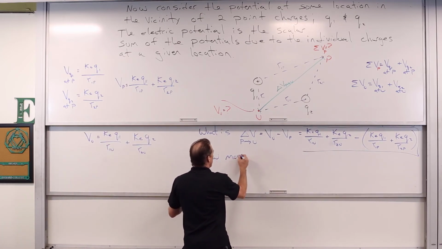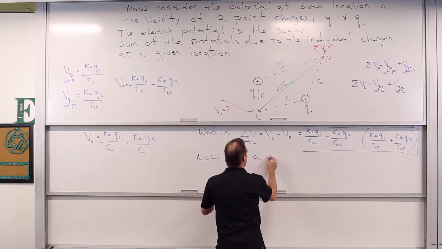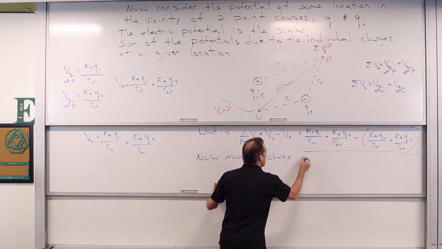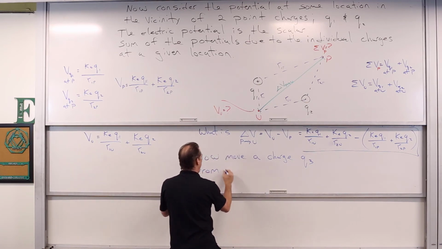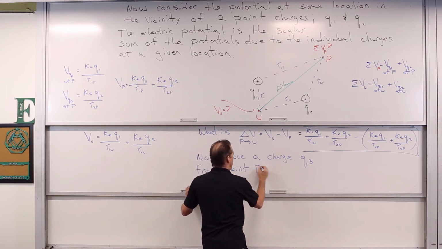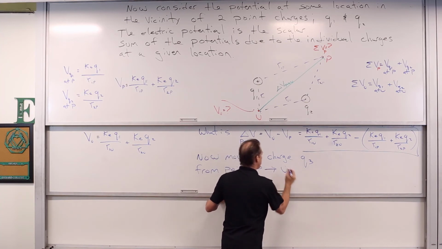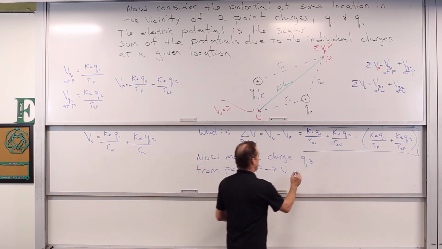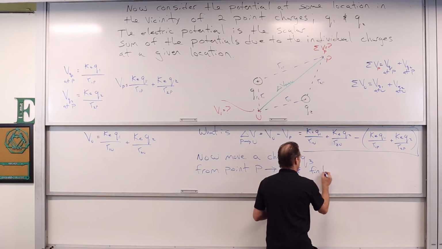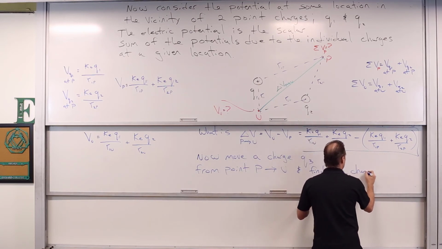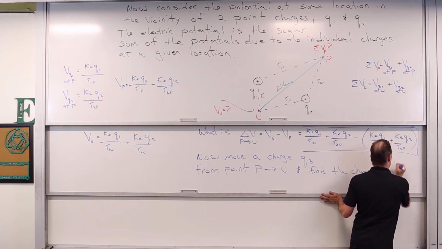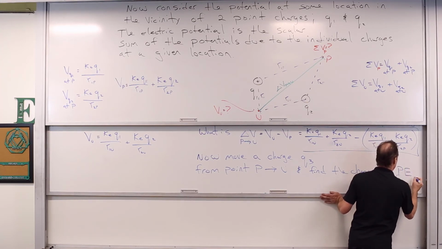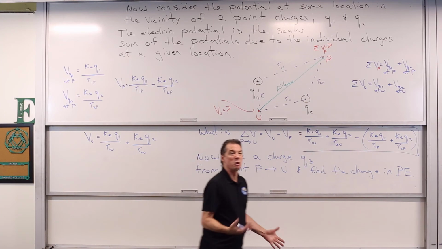Now, move a charge Q3 from point P to U. Find the change in potential energy of the system in doing so.